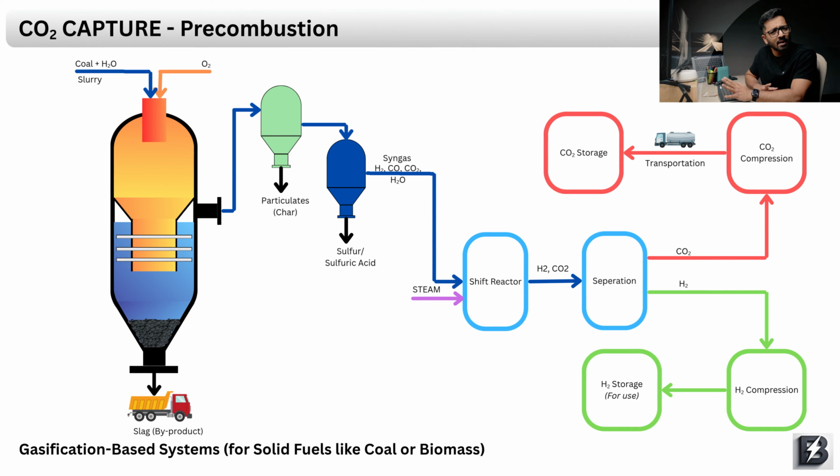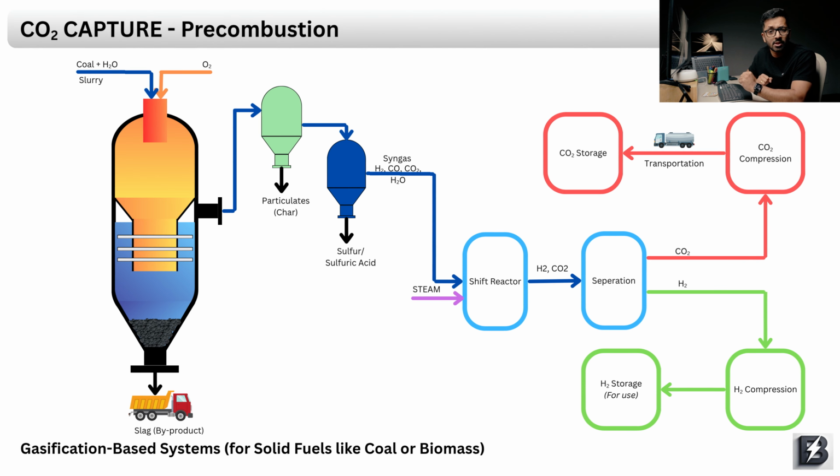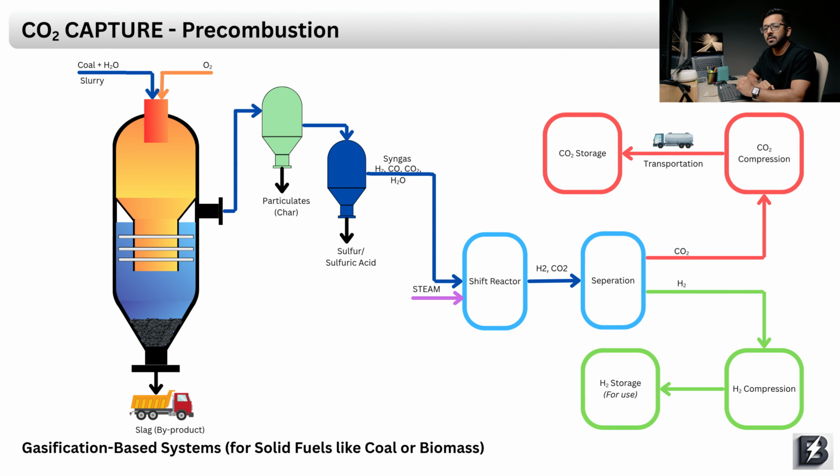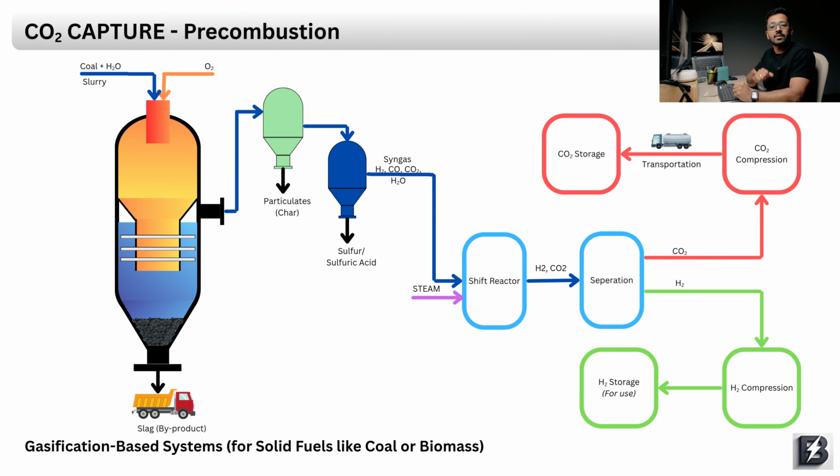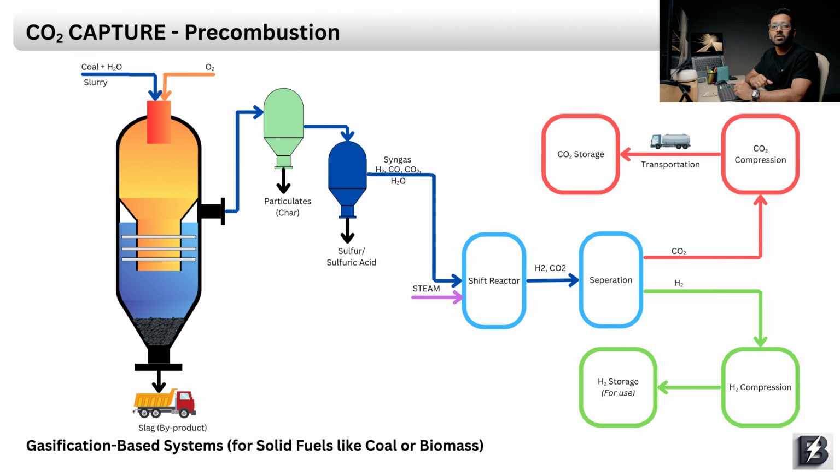In pre-combustion capture, instead of burning fuel first and worrying about the CO2 later, we deal with the carbon upfront. Let's see how that works. Imagine taking coal or biomass and not burning it directly. Instead, you heat it with a controlled amount of oxygen or steam.